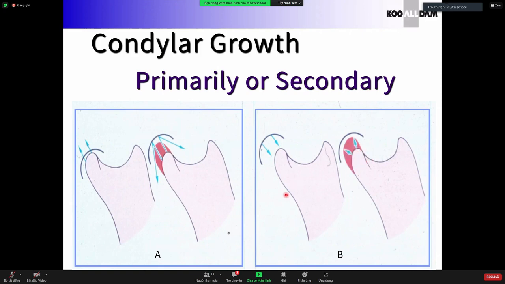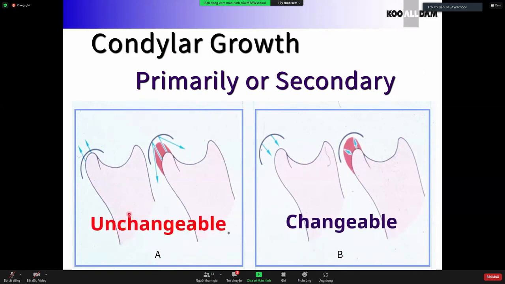So this means in picture A, the condyle is an unchangeable structure. On the other hand, in picture B, the condyle is a changeable structure. If you consider A, maybe we need surgical treatment. How about B?